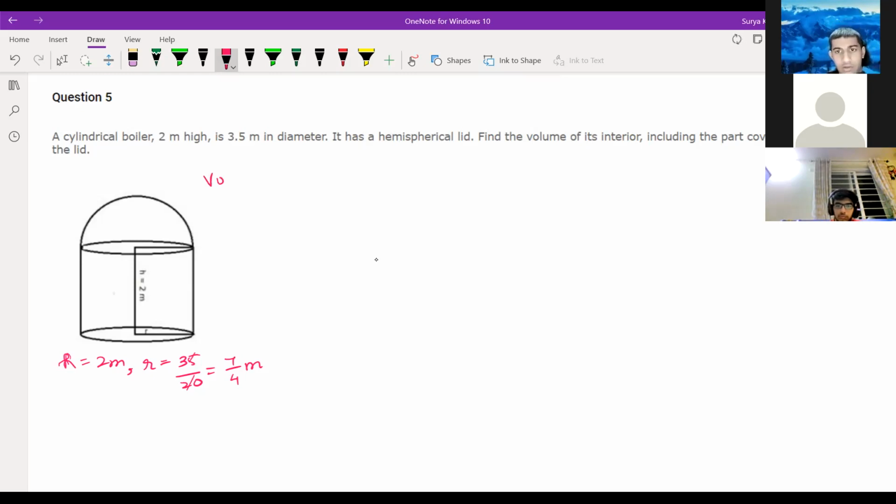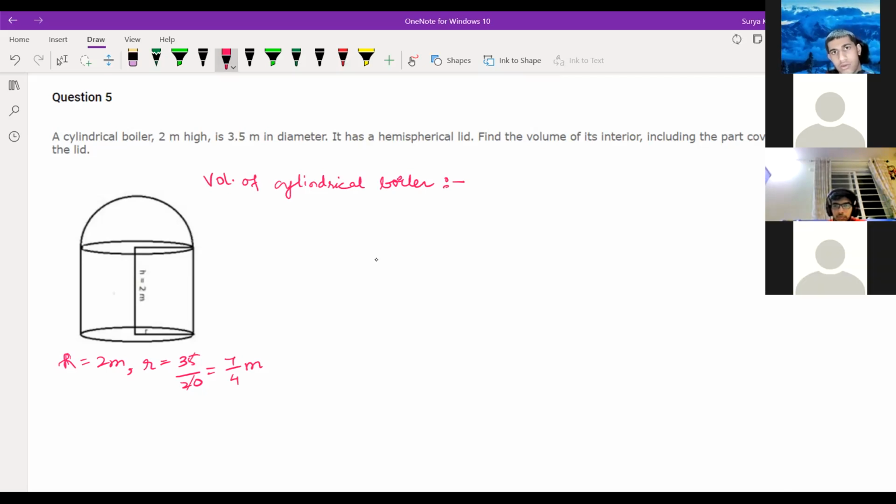So volume of cylindrical boiler. Shreyas, you are getting? What to do? Tell me. Volume of cylindrical boiler, how to find here?